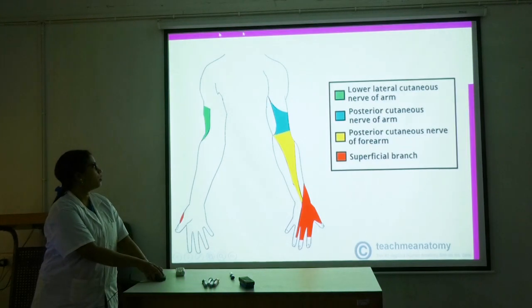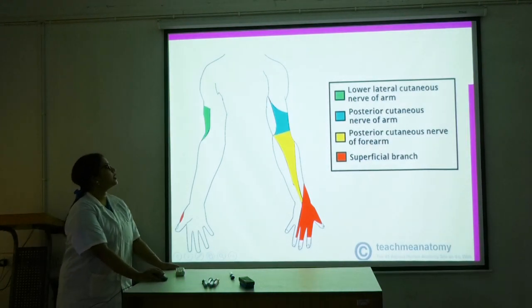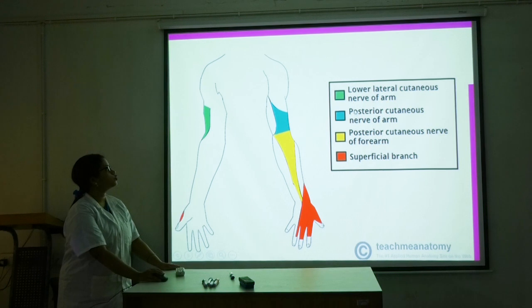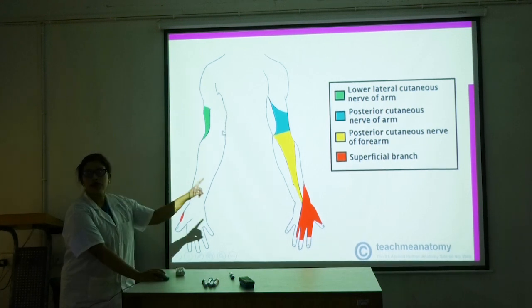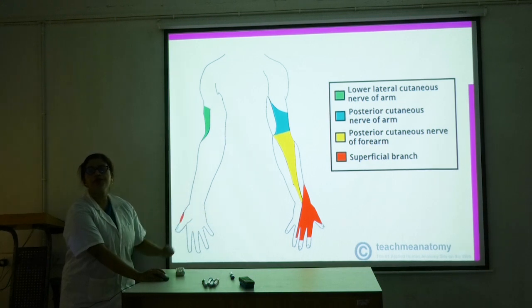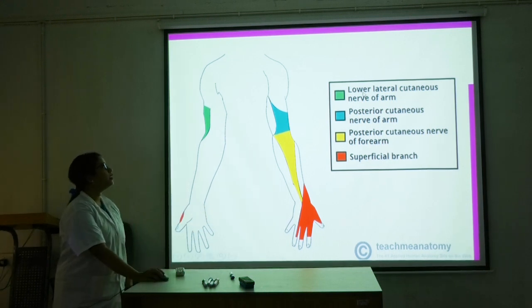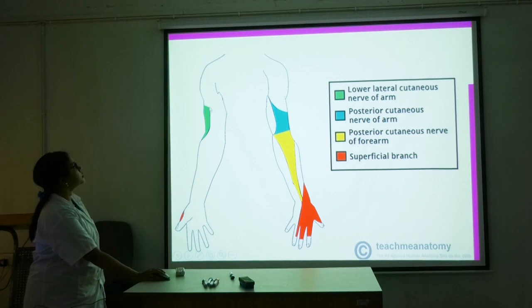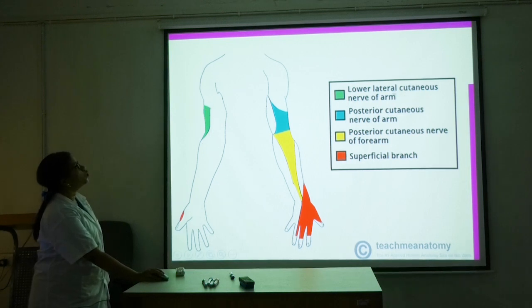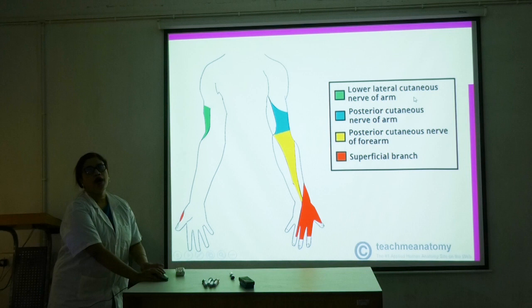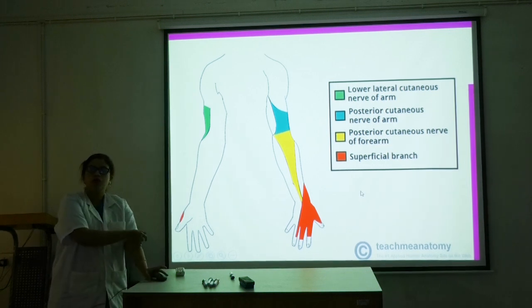So see, this is the cutaneous distribution of the radial nerve. Write it down. These are the cutaneous branches coming from the radial nerve. Number one, only this portion would be supplied by the lower lateral cutaneous nerve of arm, just above the elbow on the lateral side.